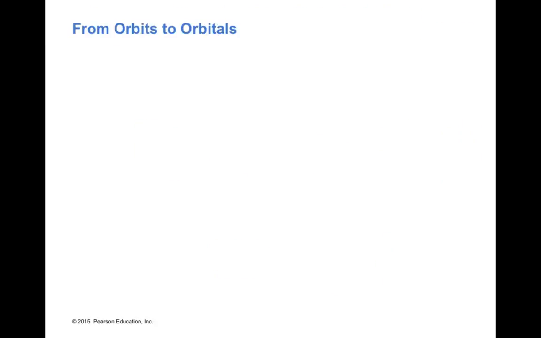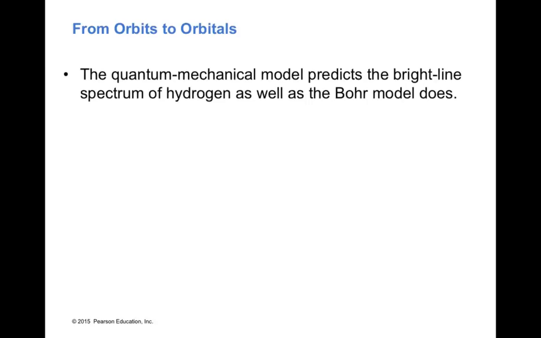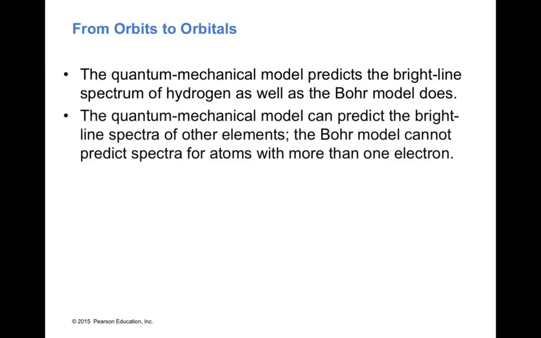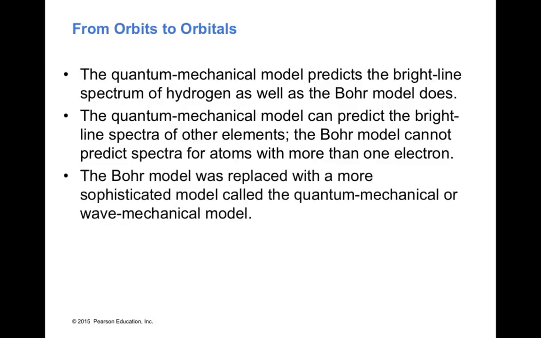So, from orbits to orbitals. The quantum mechanical model predicts the bright line spectrum of hydrogen as well as the Bohr model does. The quantum mechanical model can also predict the bright line spectra of other elements. The Bohr model cannot predict spectra for atoms with more than one electron. The Bohr model was replaced with a more sophisticated model called the quantum mechanical or wave mechanical model.